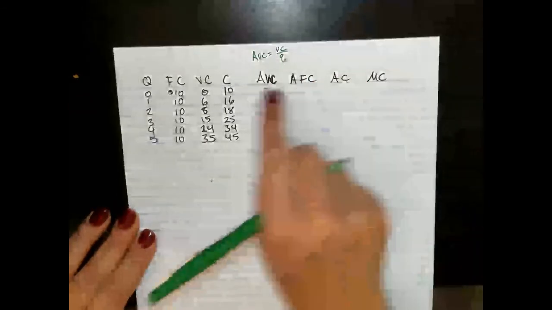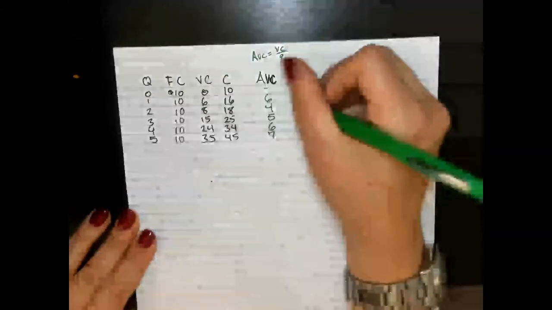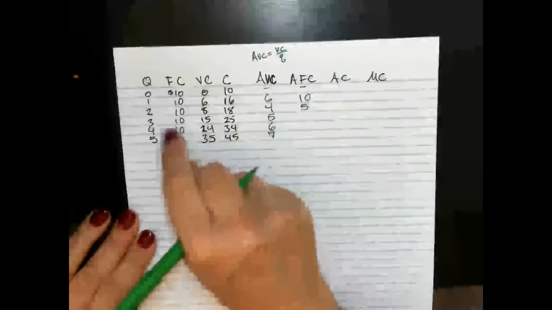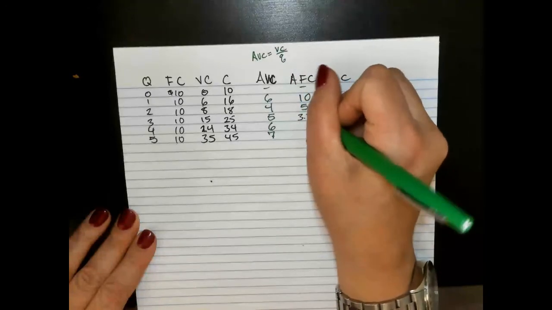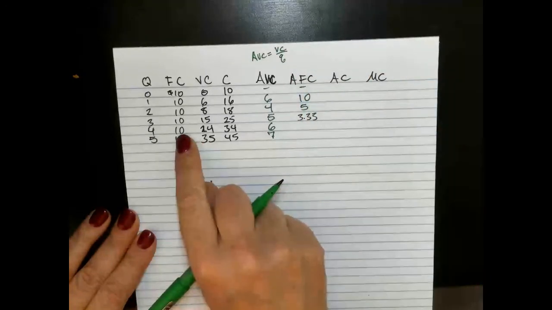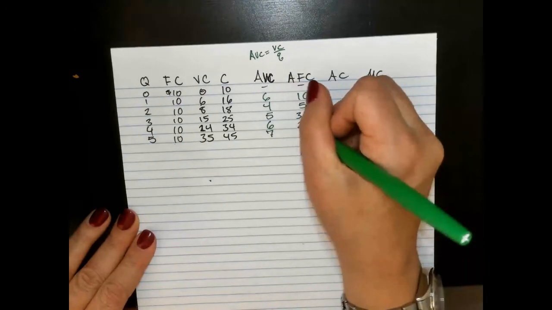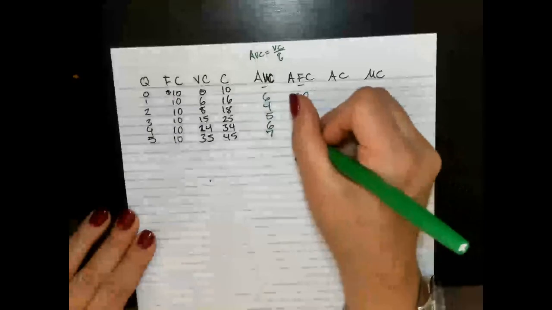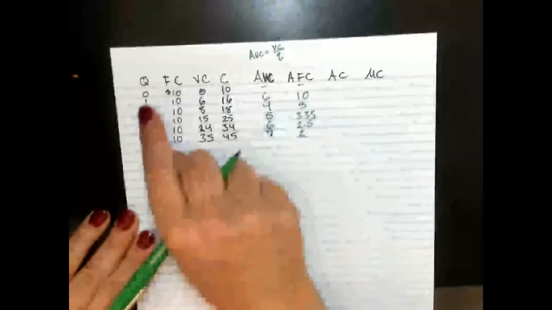Average fixed cost is fixed cost divided by quantity. So we have 10 divided by 1, 10 divided by 2, 10 divided by 3, which is 3.3 repeating. 10 divided by 4 is 2.5. 10 divided by 5 is 2. And then average total cost is going to be just total cost divided by quantity.